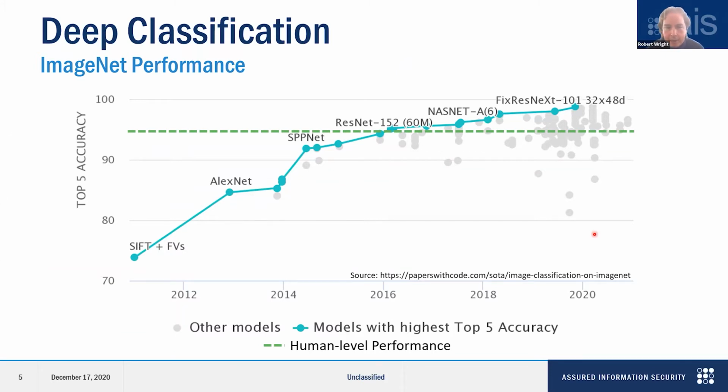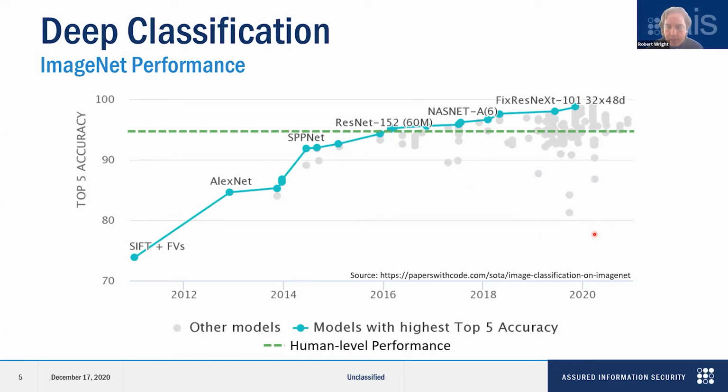So what I'm showing here is performance on the ImageNet challenge problem. ImageNet is a large object identification and classification task. There's a large data set of over 14 million images annotated with what they are.